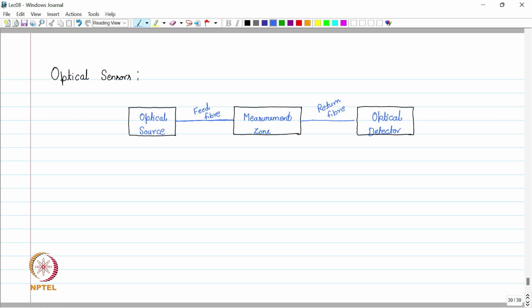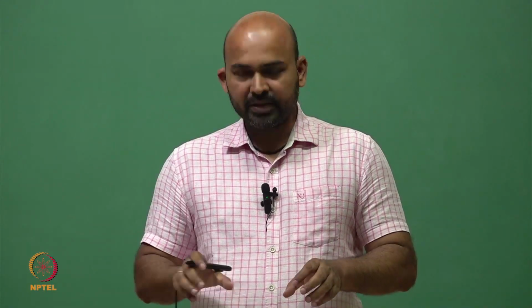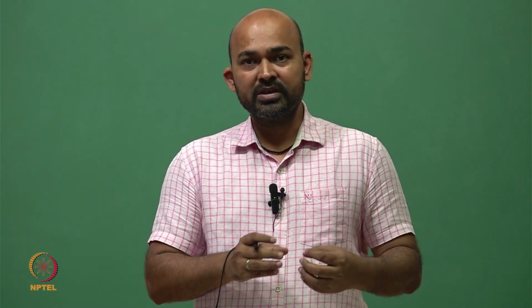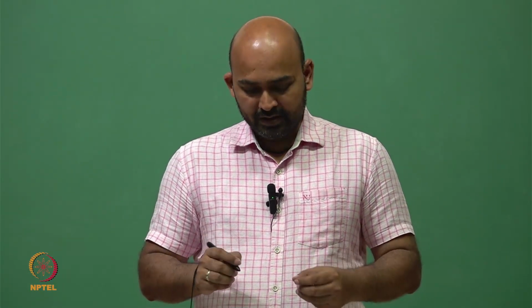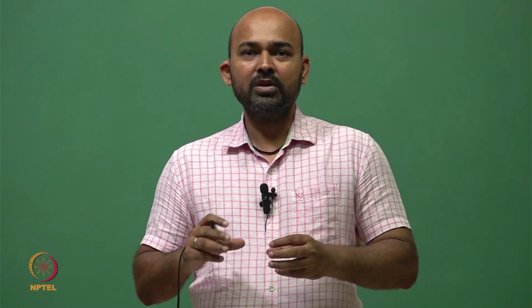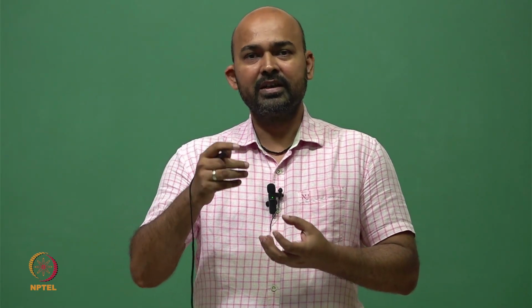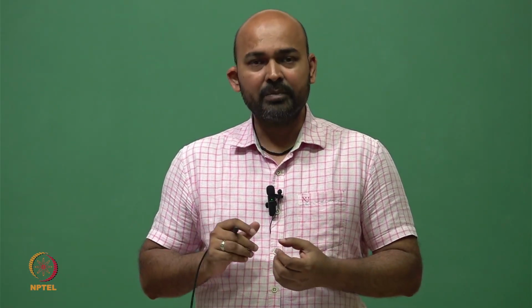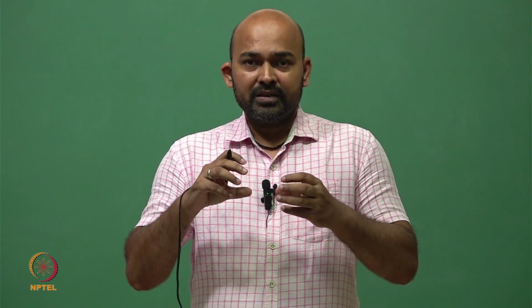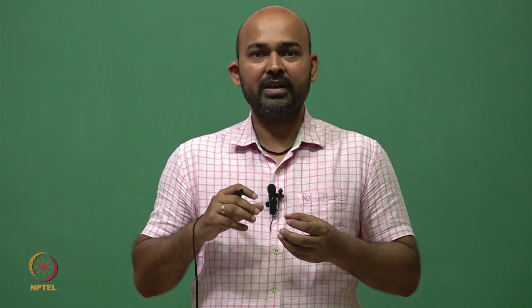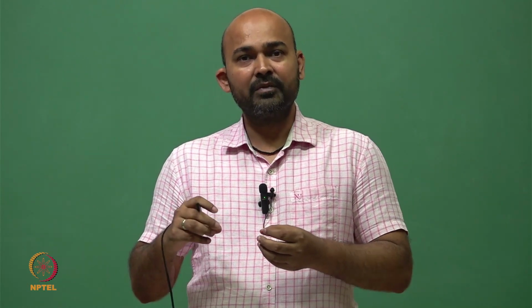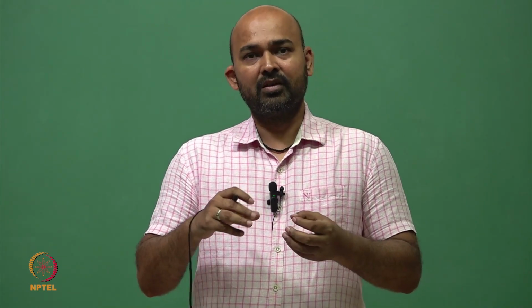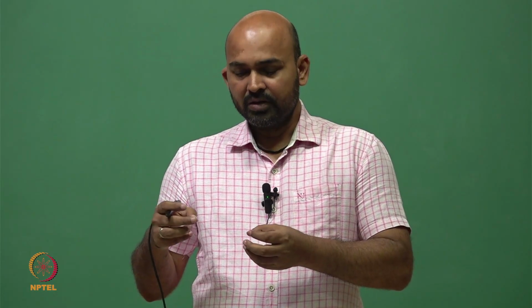So in an optical sensor we have primarily these three zones. One is the optical source where the wave is actually originated and goes into the optical fiber. This optical fiber then goes to the measurement zone where we apply this measurand. It can be pressure, it can be refractive index, it can be any measurand. And this is the zone where some property of this optical wave changes based on the measurand. And after that we have a return fiber which carries this altered wave back to the optical detector.